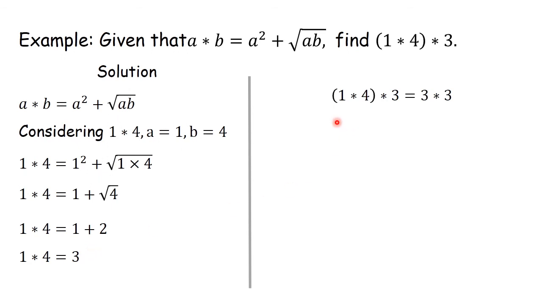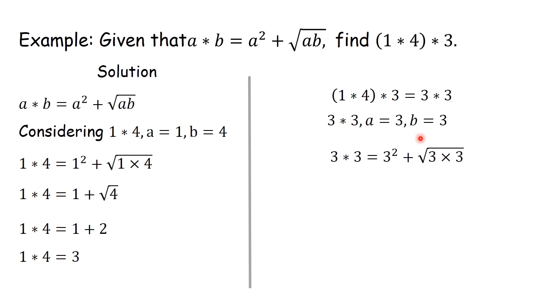Now we have obtained the value of 1 star 4 as 3, so we substitute it here, and that will give us 3 star 3. So in 3 star 3, our a will be 3, and b will also be 3.